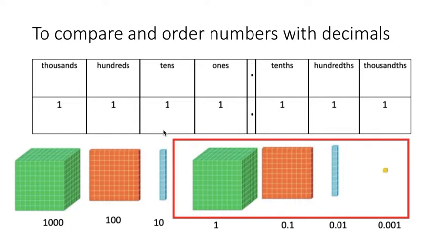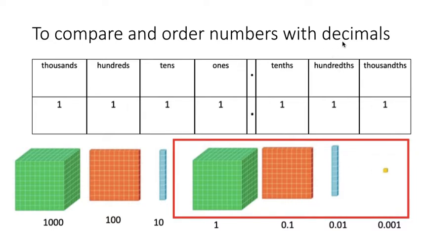And by using this magnifying glass over it, you can see that there are 10 thousandths in a hundredth, there are 10 of these hundredths in a tenth, and there are 10 of these tenths in a whole one. It's just a visual representation to help you to understand the decimal system.